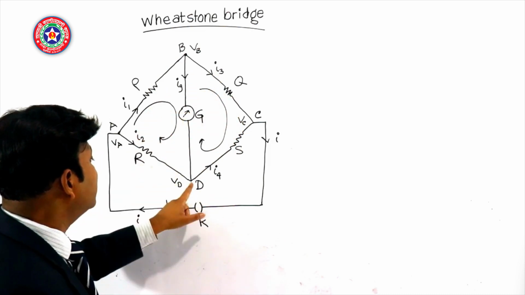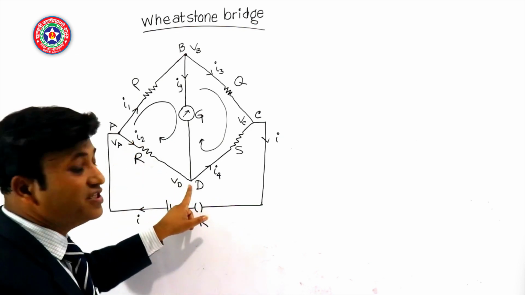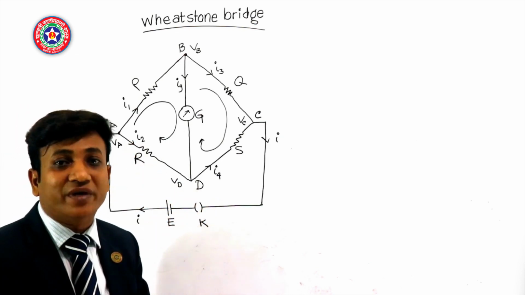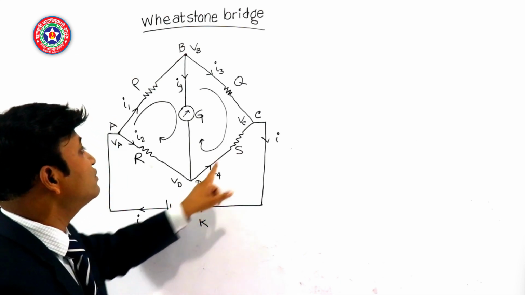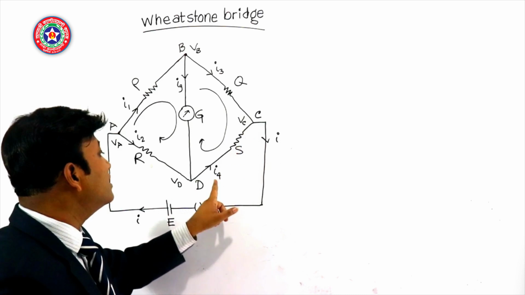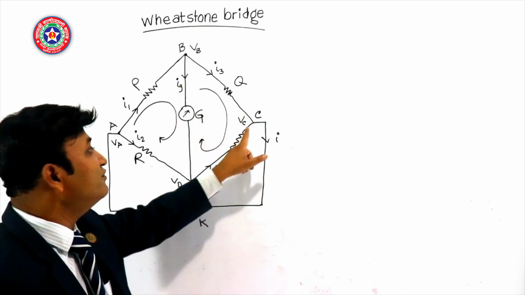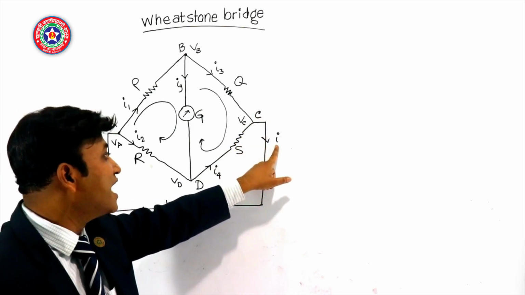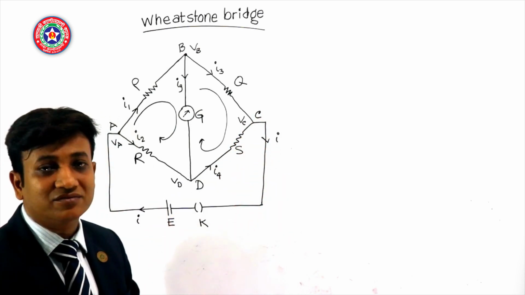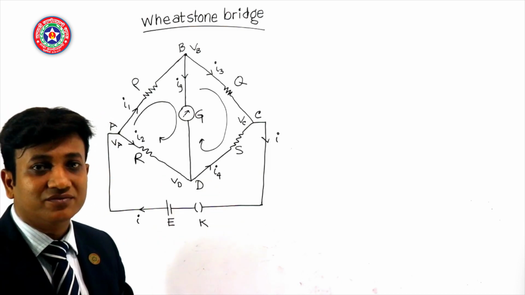When the current IG reaches point D, at the same time the current I2 reaches point D, and they mix together and make the current I4, which flows from D to C. Again, when I4 reaches point C, the current I3 meets with I4 and makes the main current I, and this main current comes back to the cell. This is the current distribution of the circuit.